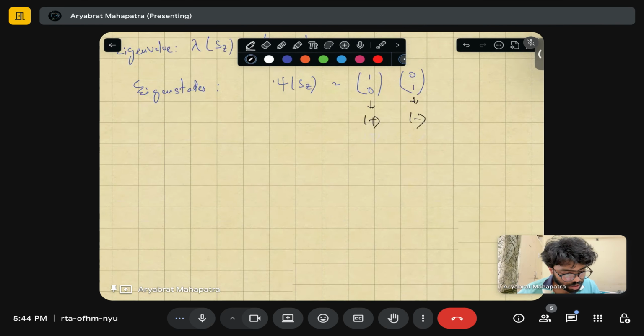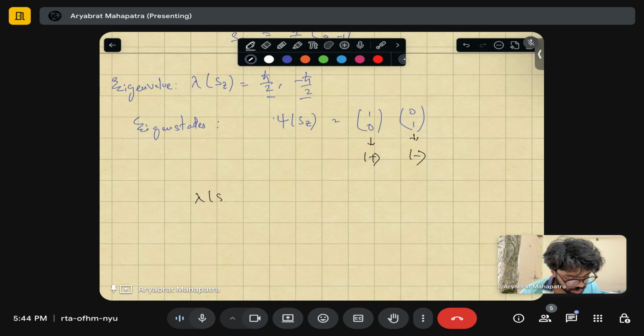Same way you calculate eigenvalues and eigenvectors for Sy. You will get ħ/2 and minus ħ/2 again, and the eigenvectors you will get are 1 over root 2 times (1, i) and (1, minus i).